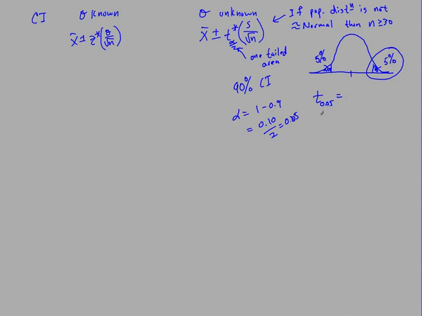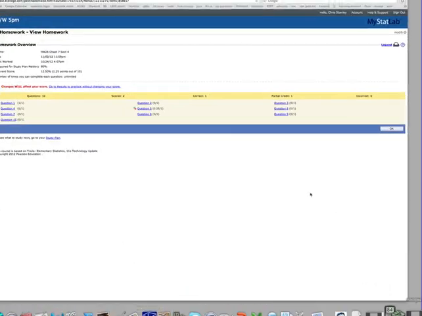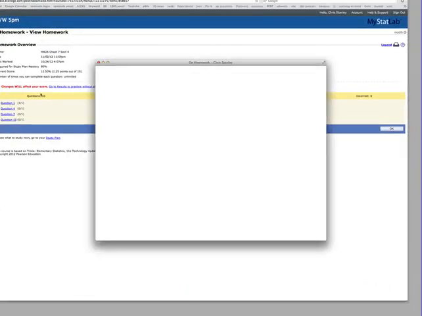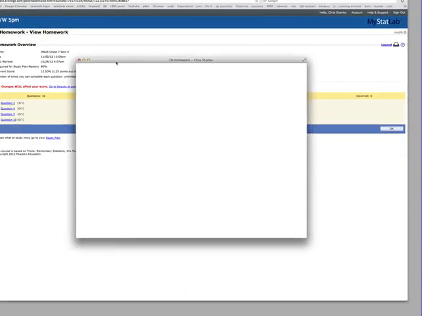This depends on the degrees of freedom. Sometimes they'll do this. That means that the sample size was 9. This is like an upper-level statistics class. This one I don't think it does, but it kind of tells you what to do. Now let's go and do some of the homework and show you that it's really not all that bad.